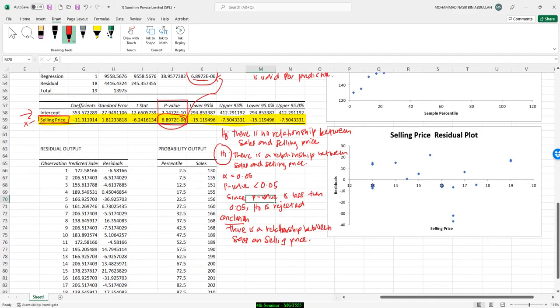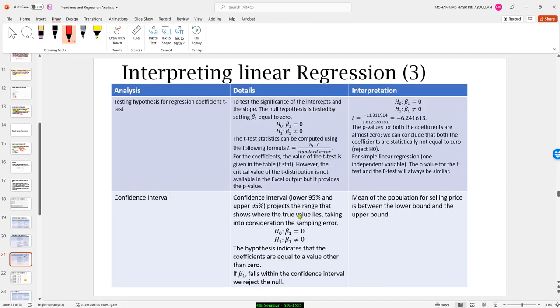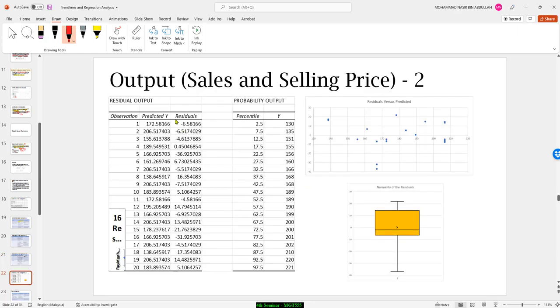Kita masuk dekat sini dia ada menggunakan T value pun sama juga, tapi kita tak tengok T value lah. So the output dia akan bagi dekat kita residual output and probability output. Right. So dekat sini residual versus predicted.